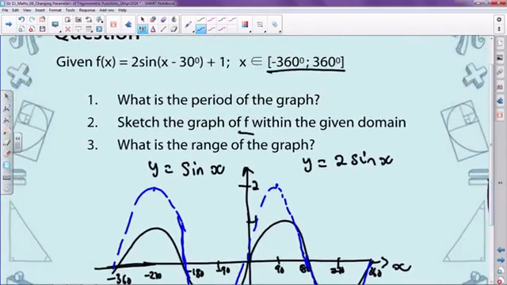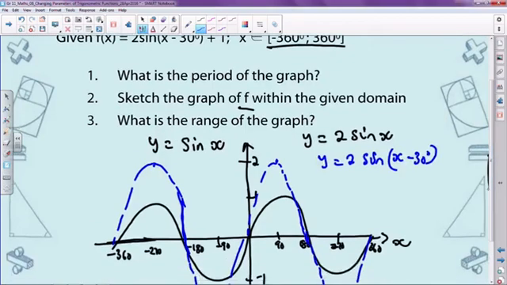Now, you now move on to y equals 2 sin(x minus 30 degrees). Right. If this is drawn to scale, minus 30 degrees, we agreed that we are shifting it horizontally, but how many units? 30 units to the right.